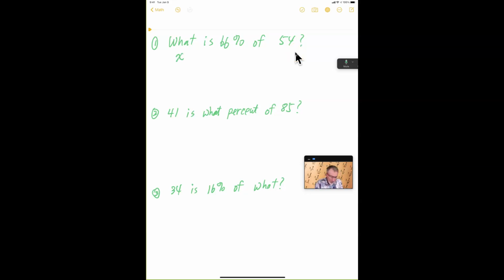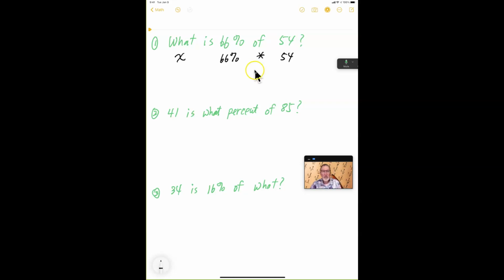Let me do this in a contrasting color. If I can, let's go with black. All right, what? Basically, you can always translate what as X. What is 66% of. Of is almost always multiplication. 66% of 54.